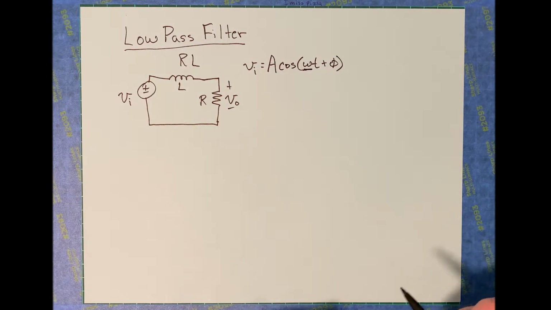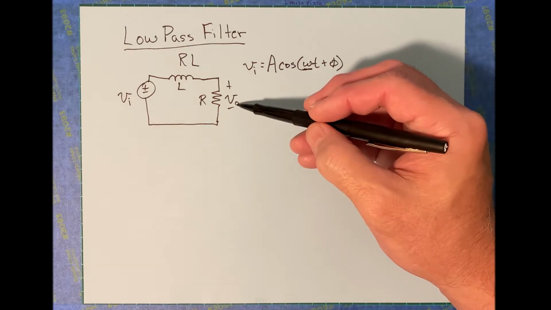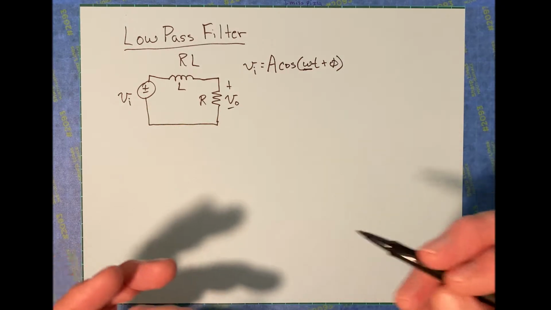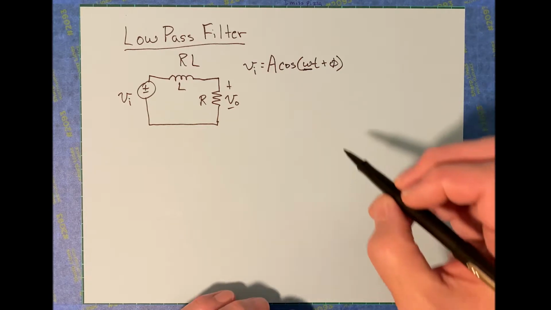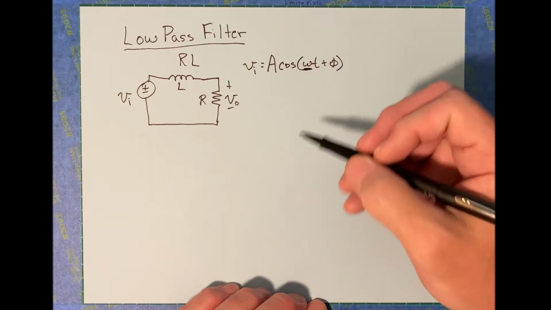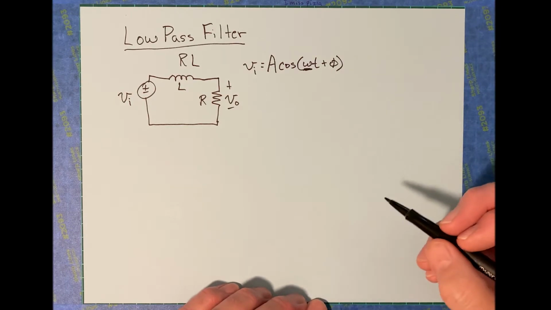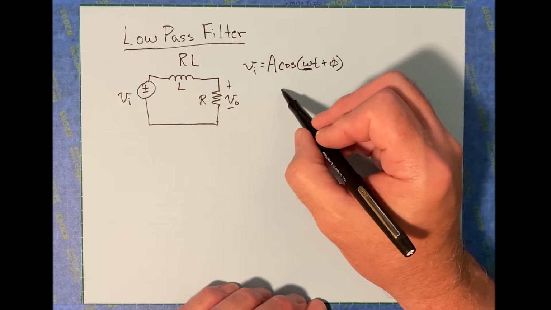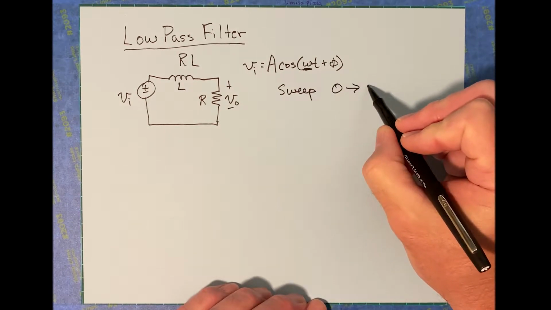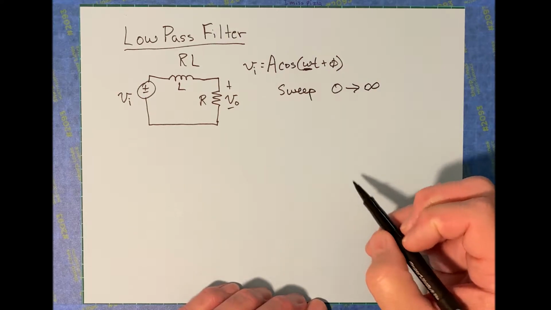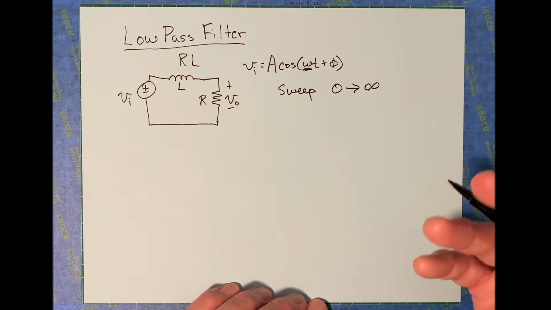That range would allow you to compute the output relative to the input, and then you'll be able to create some sort of frequency plot, like a Bode plot. For us, we're going to think this through, and I'm going to give you some help along the way, but this omega is what we're going to change as we go through this analysis. So the omega is going to sweep from 0 to, well, essentially infinity.